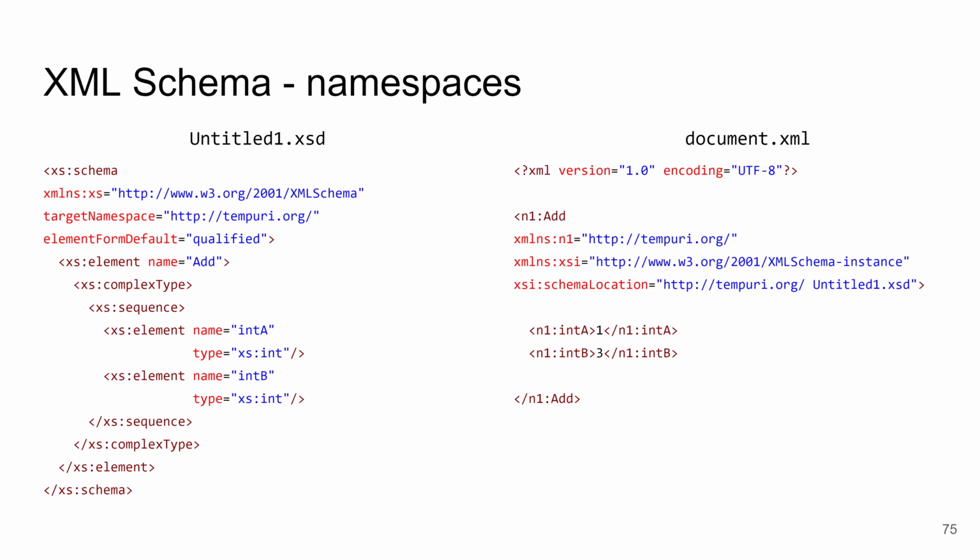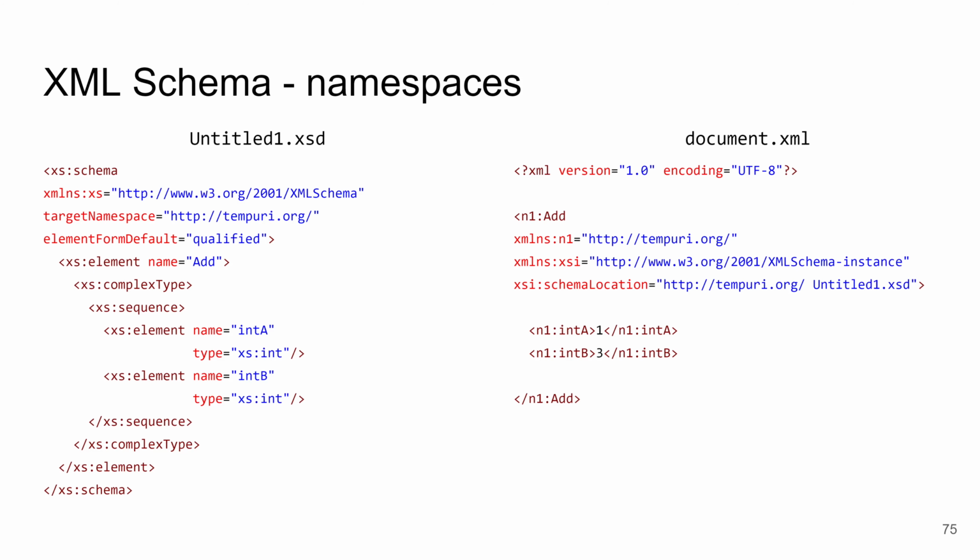The opposite of that is unqualified, which would mean that the elements defined in the schema do not belong to the target namespace of the schema. And then they can be used without the namespace prefix in the instances.